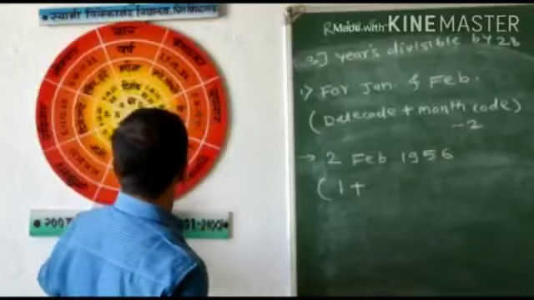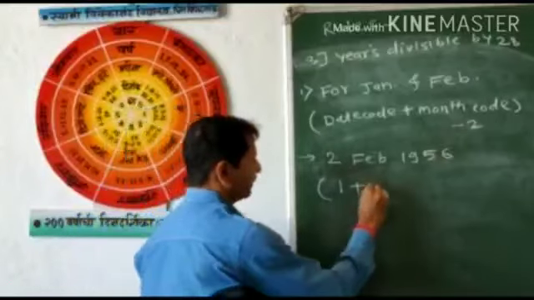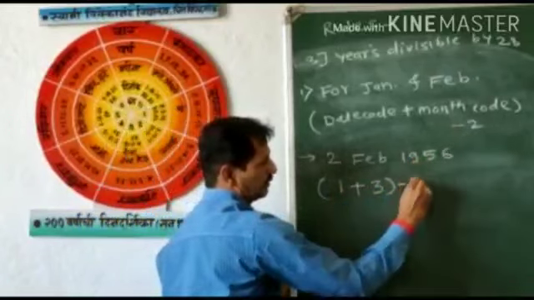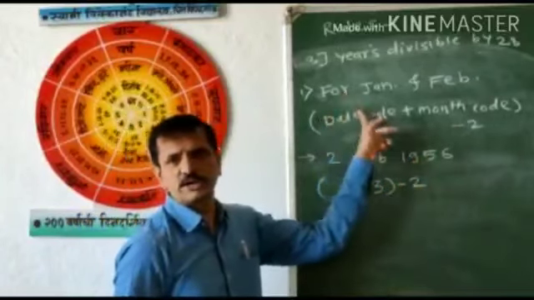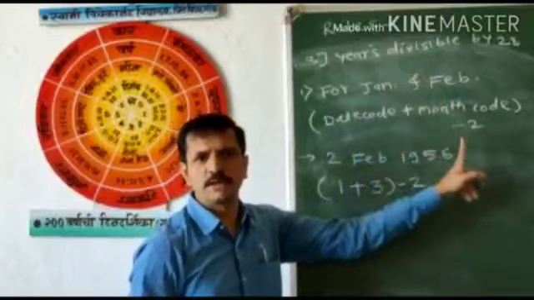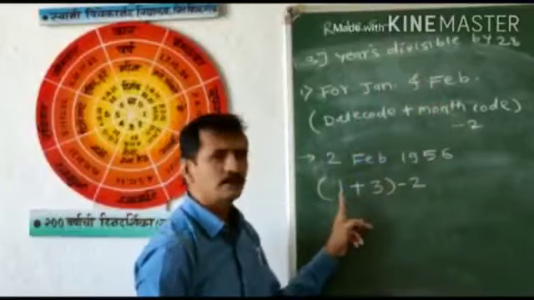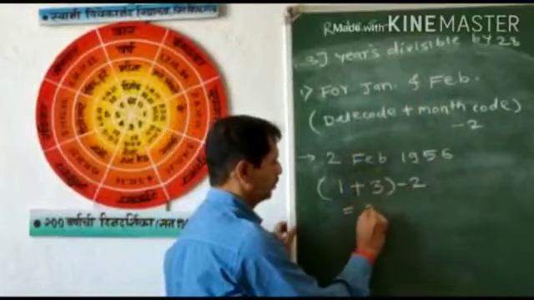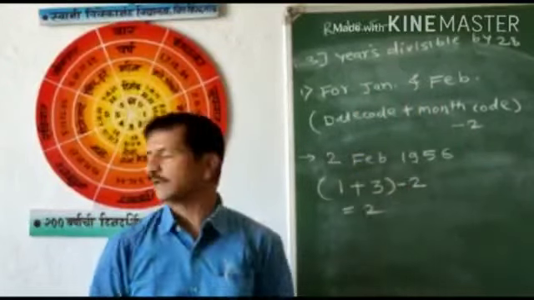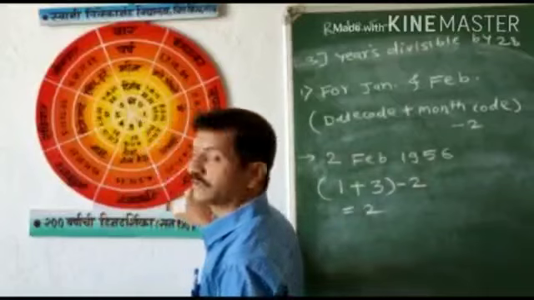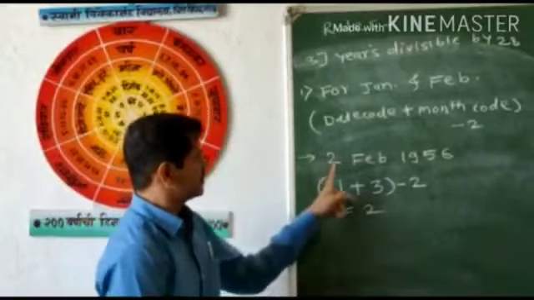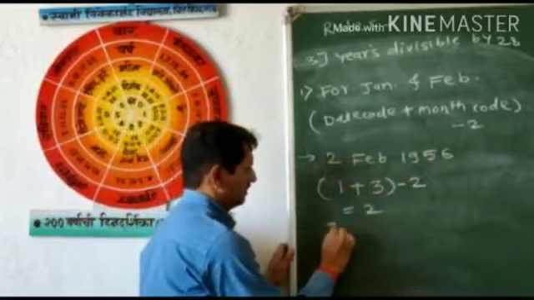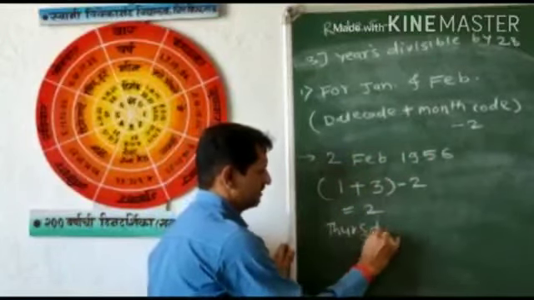February has code 3. Our rule is date code plus month code minus 2. So 1 plus 3, 4. 4 minus 2 is 2. And code 2 is Thursday. So 2nd February 1956 is a Thursday.